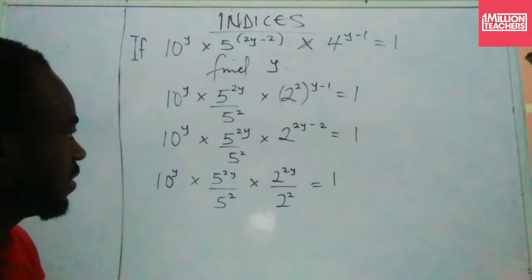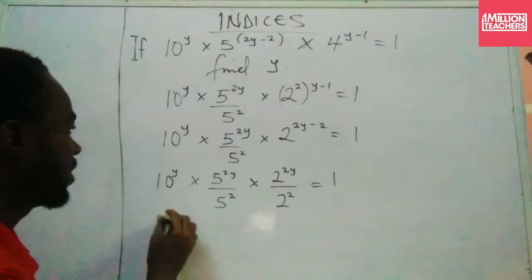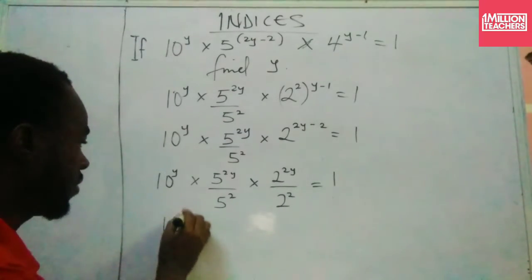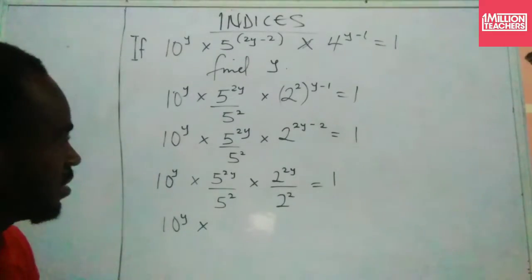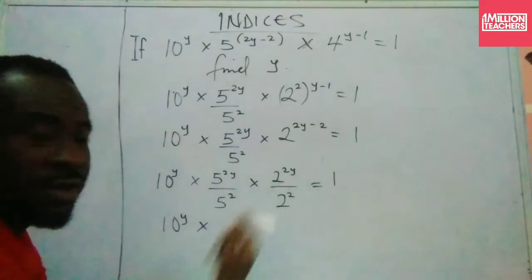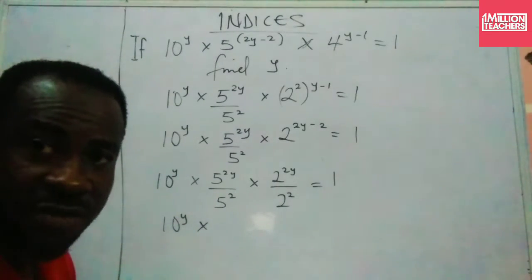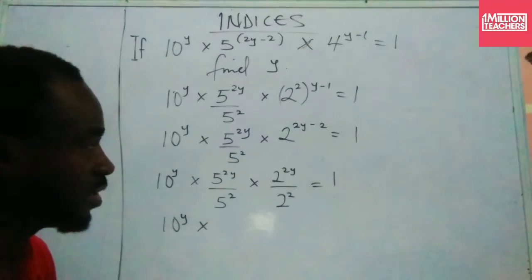So what I've just done now is that I applied the division law in a backward form to this. Okay, so the next thing I'm going to do is write this as 10 raised to the power of y. Now if you look at this, you will discover that the power here and the power here are the same. This is 2y, this is 2y. So anytime you have such a case, it means that you can multiply their bases.